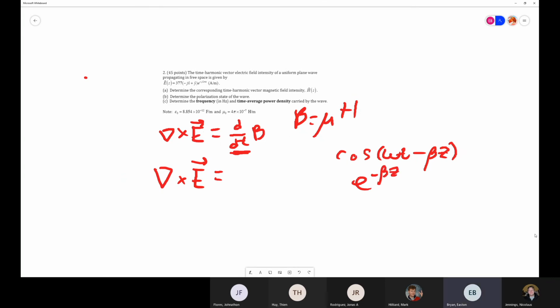When you're taking the real part, you have the e to the j omega t in there, so if you take the derivative with respect to time of B, the right side of the equal sign becomes negative j omega mu H. The mu comes from substituting in B and H, and the j omega comes from taking the derivative with respect to time.